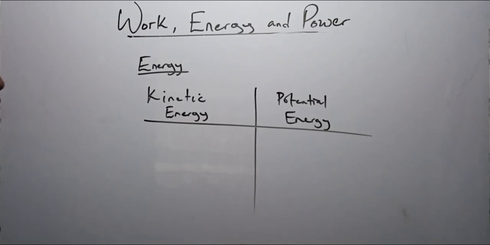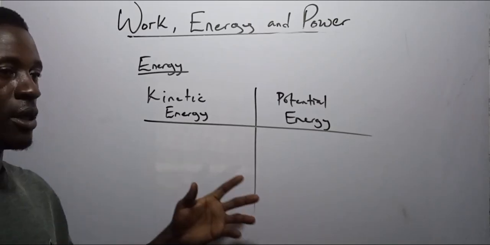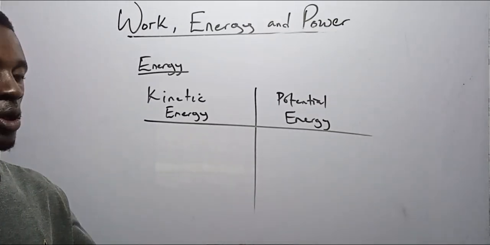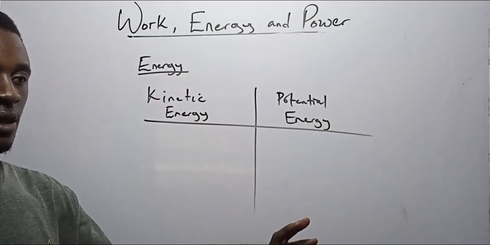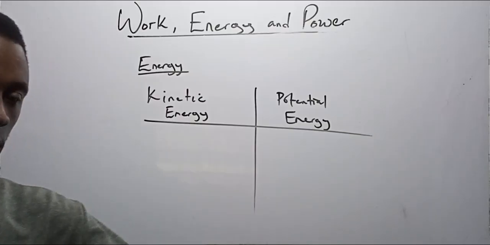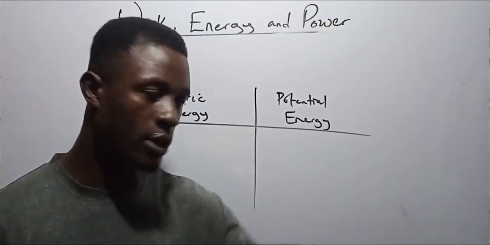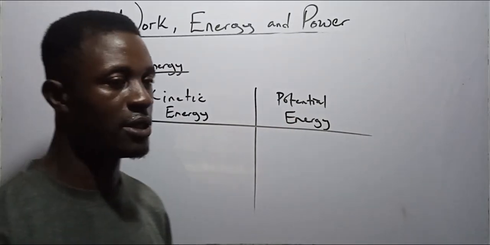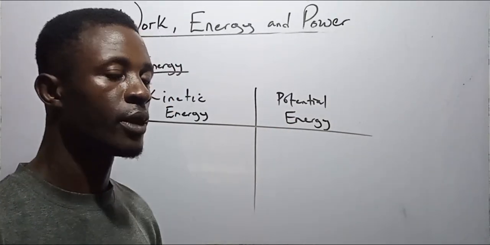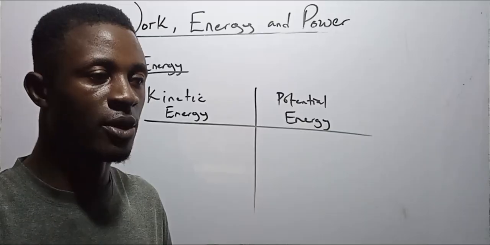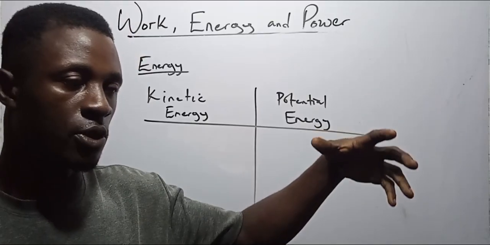Now, I said kinetic energy is energy due to motion. So if an object is moving, it has kinetic energy due to the fact that it is moving. Then potential energy is energy possessed by a body by virtue of its position.